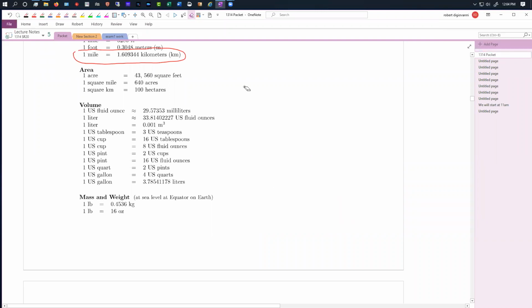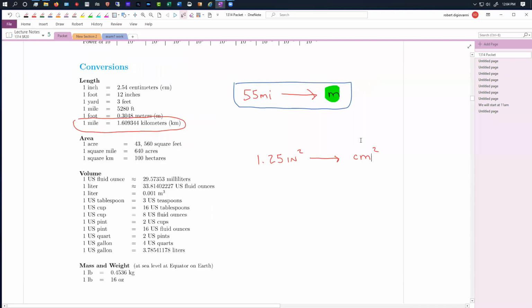Okay, so 1.25 square inches, and we want to convert that to square centimeters. Okay, that's what we want to do. So do we have any way to go from inches to centimeters? Well, we do, right?